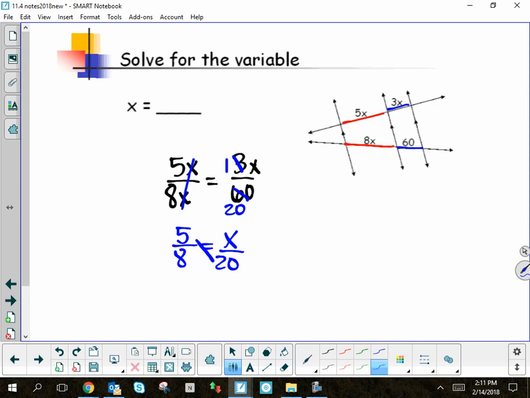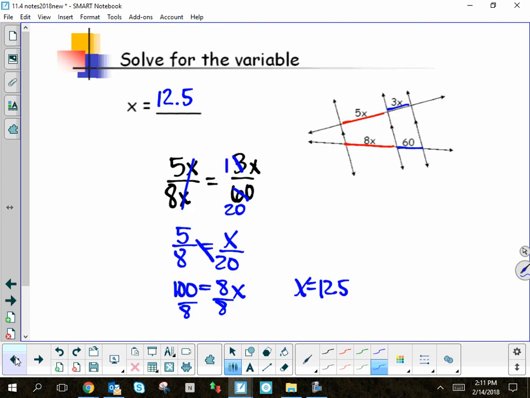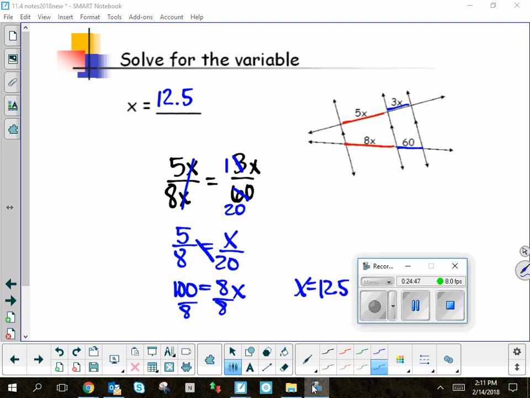Okay, cross multiply, 5 times 20 is 100 equals 8x. That's going to be a decimal. x equals 12.5. And that was our last example. Be sure to go over these 3 main conjectures.